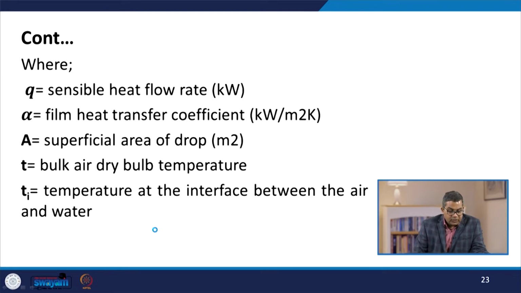Where Q is the sensible heat flow rate in kilowatt, alpha is the film heat transfer coefficient, having the unit of kilowatt per meter square Kelvin, A is the superficial area of the drop in meter square, T is the bulk air dry bulb temperature, and Ti is the temperature at the interface between the air and water.